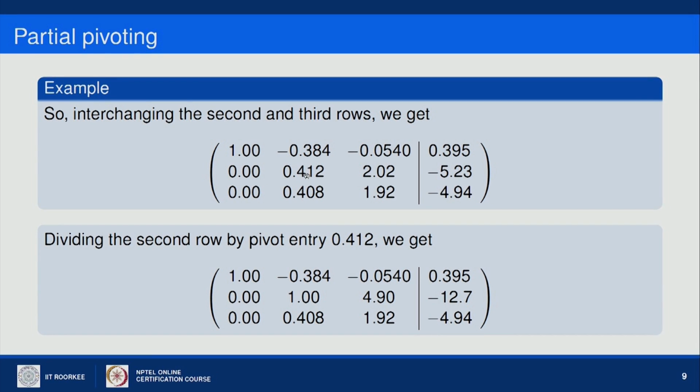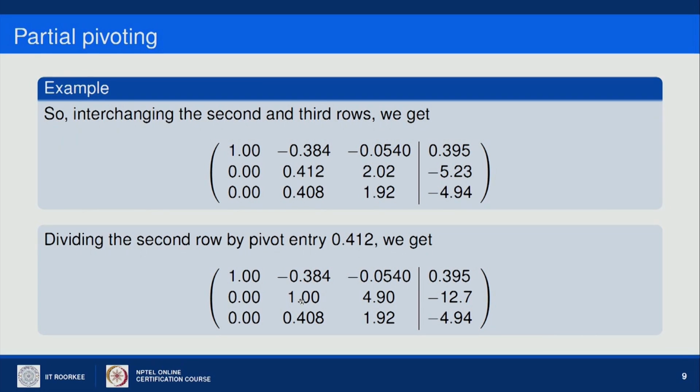Now, to make this pivot entry 1 I need to divide the second row by 0.412. When I divide the second equation by 0.412 I get this augmented matrix. Here the pivot element is 1, and again I will make this element 0 with the help of this pivot element.